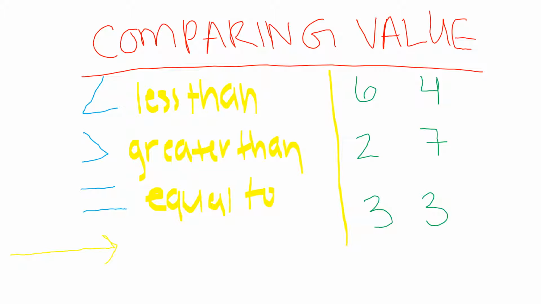I'm just going to write in these blank lines I have to fill in. 6 blank 4. We all should know that 6 is greater than 4, because again, we're going from left to right. 2 blank 7. 2 is less than 7.